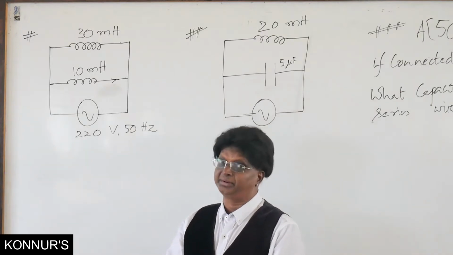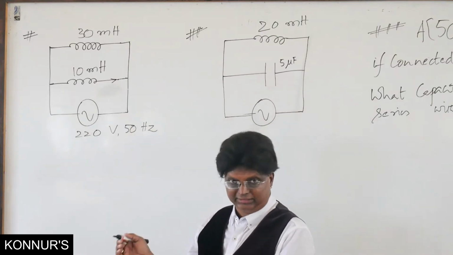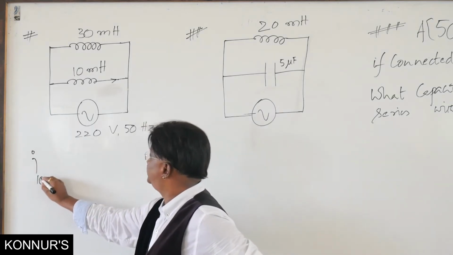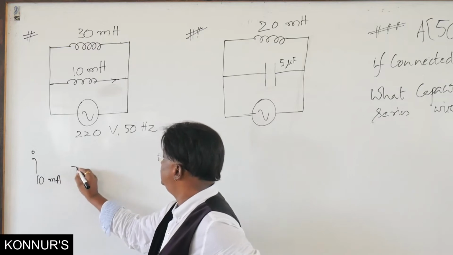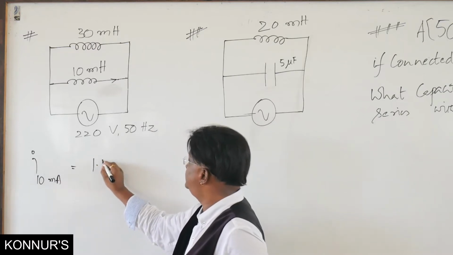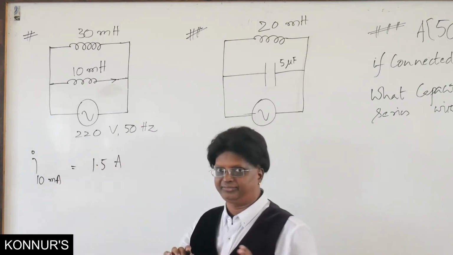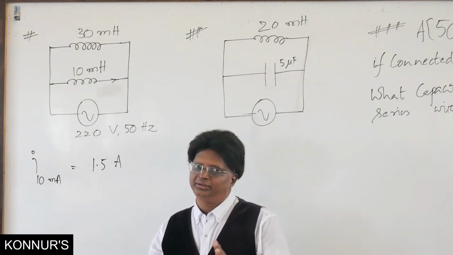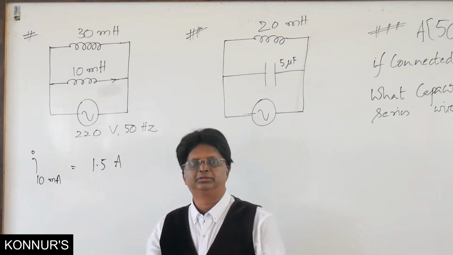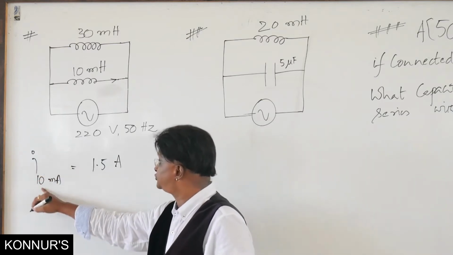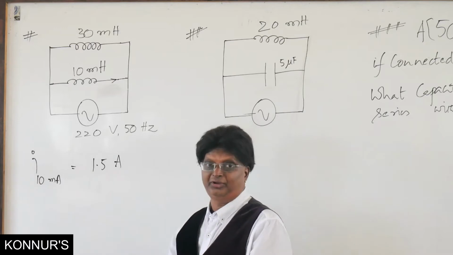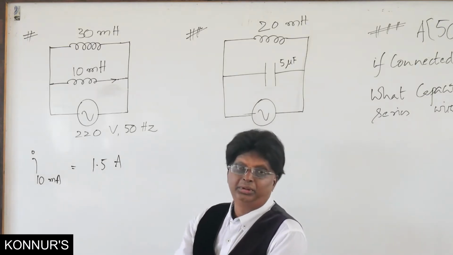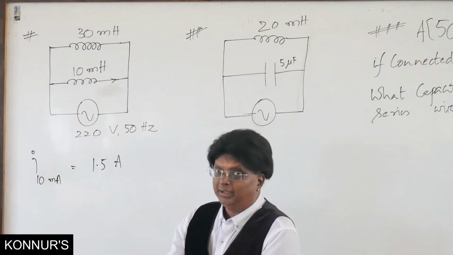The simplest question that can be asked is: if the current through the 10 millihenry inductor is, supposing, 1.5 ampere, and whenever we say current through, take it as instantaneous current only, what will be the current through the other inductor, the 30 millihenry?